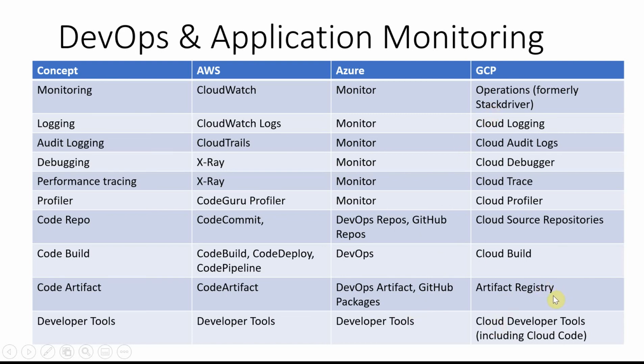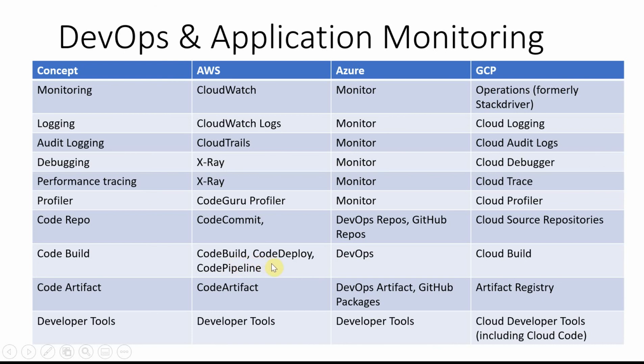So what will happen is the source code will be there in this area, and every time a developer makes a commit to Git, automatically the CI/CD pipeline that you configure will be triggered.